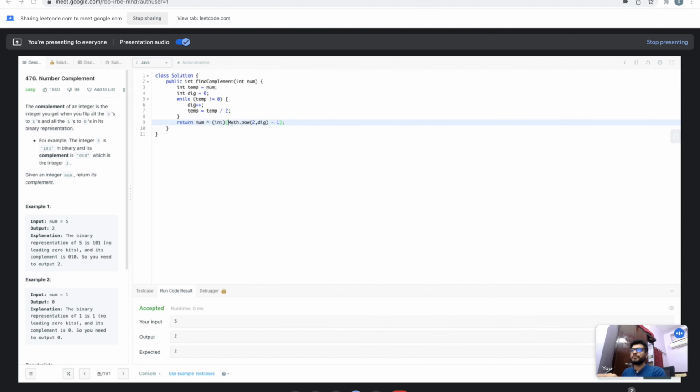So math.pow minus 1 over here is going to give us 7, and then we take the number XOR with this number. So 5 XOR 7 will return us 2 as the answer, which we can see over here. So this is an accepted solution on Leetcode for this problem.